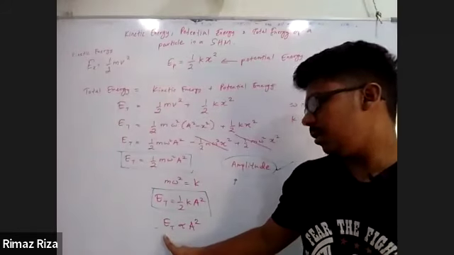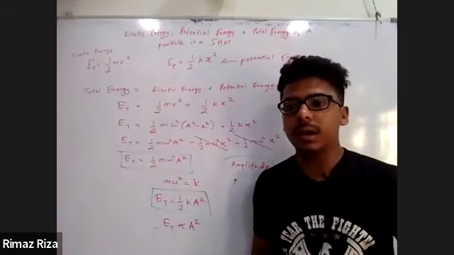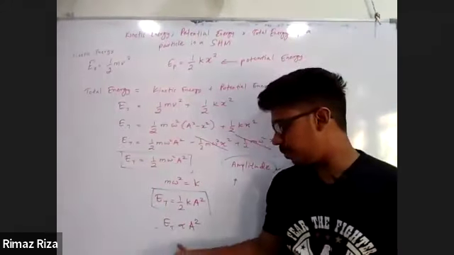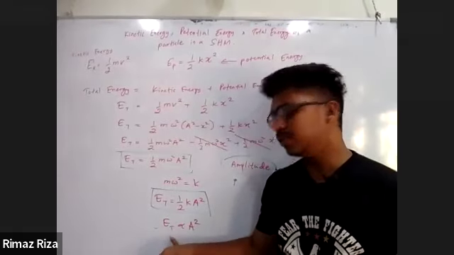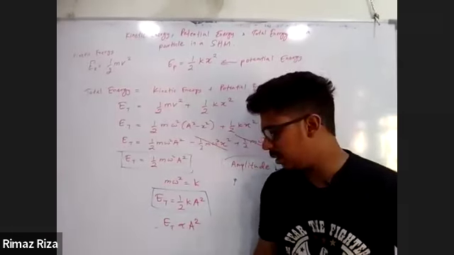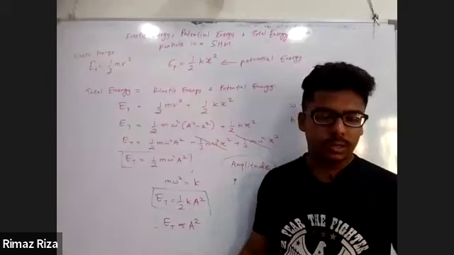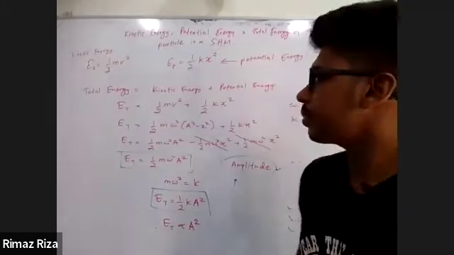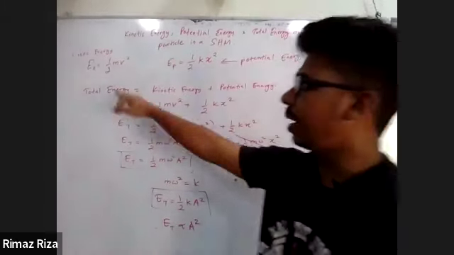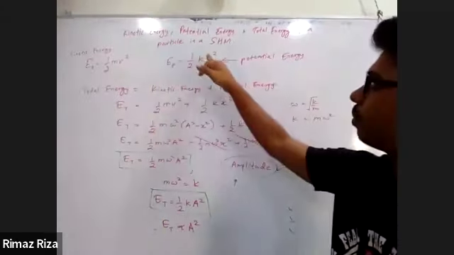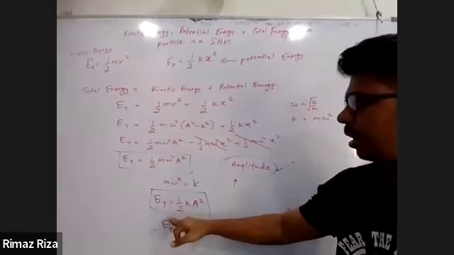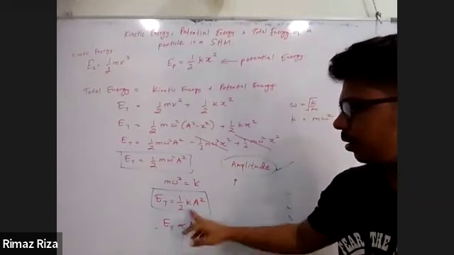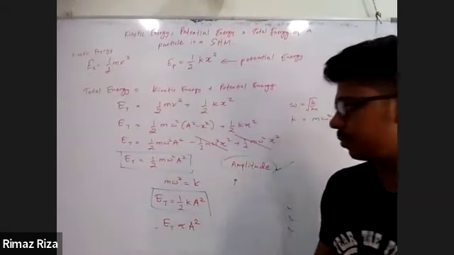So we have: the energy of a particle in simple harmonic motion is directly proportional to the square of its amplitude. All right. So now we know the kinetic energy, the potential energy and the total energy.